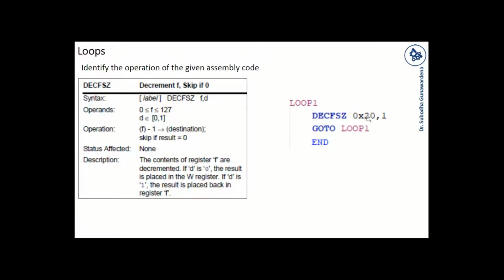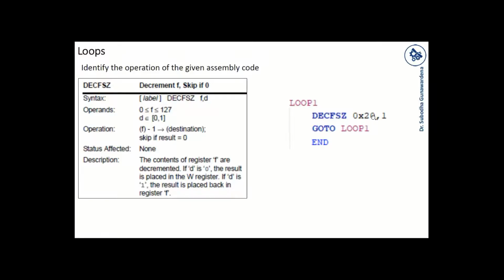Once you do the decrementing, if the destination is 1 like this, the result will be stored back in the same register. If it is set to 0, our result will be saved in the working register, which is the W register.